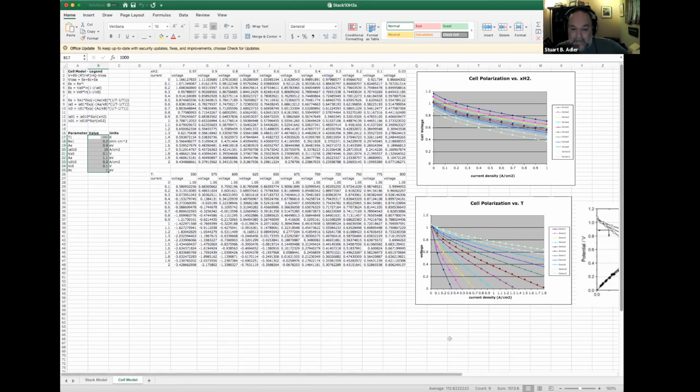Basically the cell model allows you to link the voltage to the current density. In theory, that's just a defined relationship by the model. So I give it the cell voltage, it should be able to calculate the current density for us. The problem is I don't have one equation that says I equals a function of voltage. Instead, what we have is voltage equals equilibrium voltage minus ohmic resistance minus kinetic resistance and so forth.